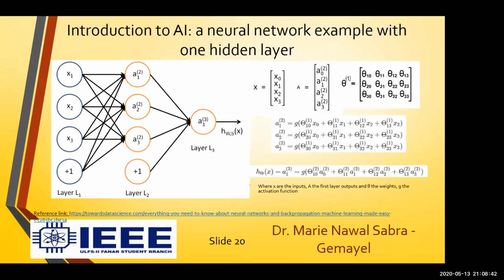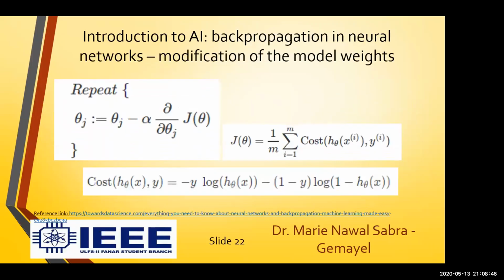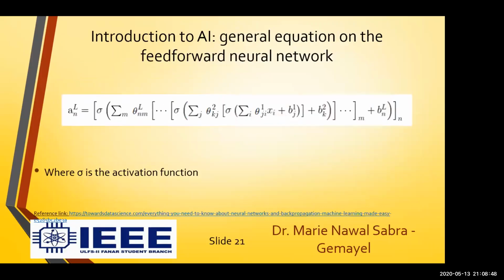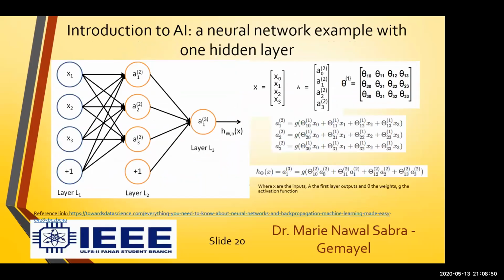If I take an example here, I have a neural network with 3 layers: an input layer, 1 hidden layer, and 1 output layer. Each neuron of the hidden layer is a function of all the inputs. Here I have X, which is the list of the different inputs. X0 is the constant.